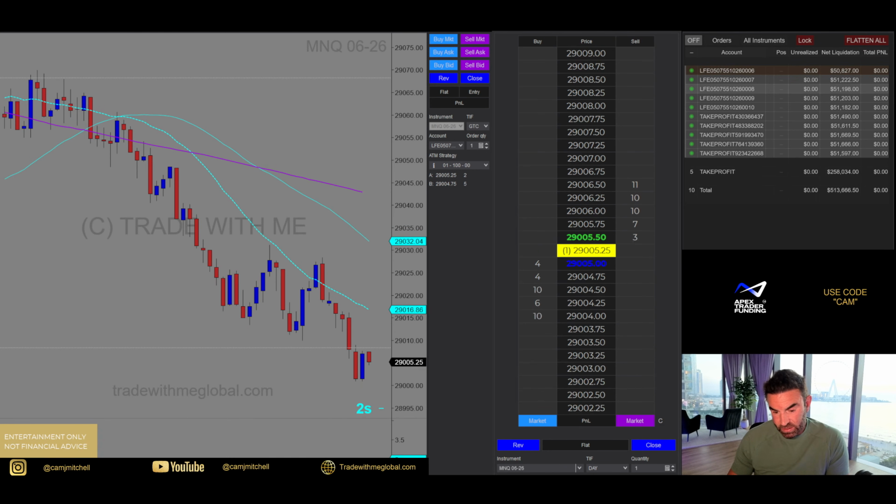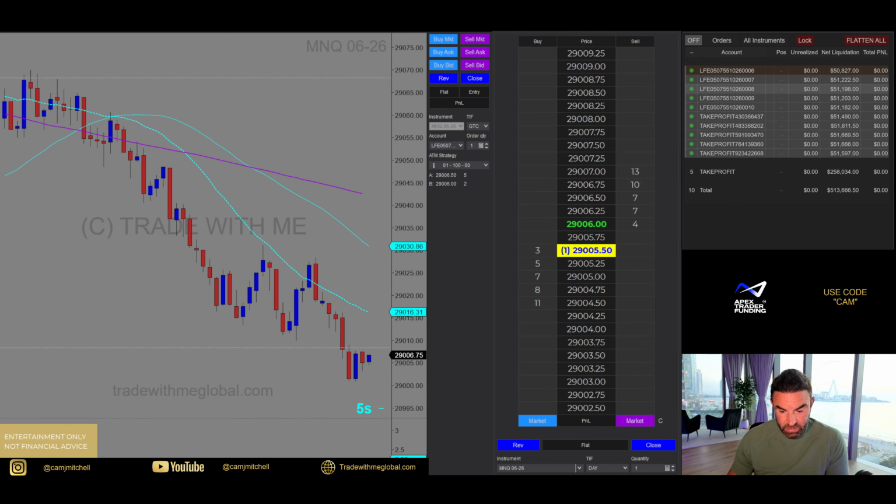Okay, so this is the critical point. They're through it, but quite often they'll go through these levels just to suck people in to go short.